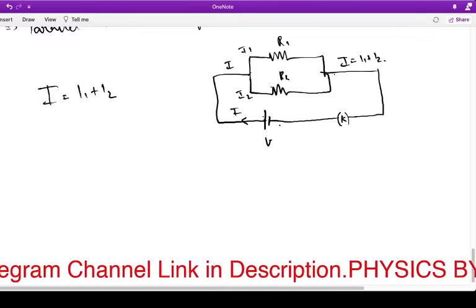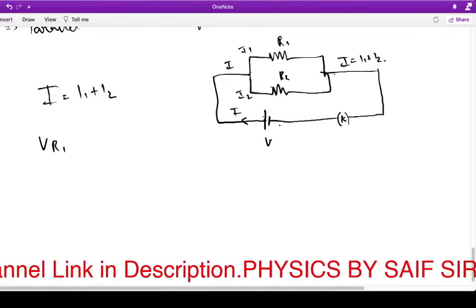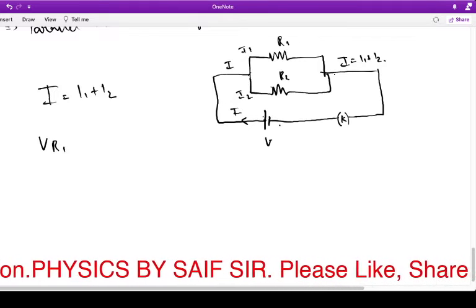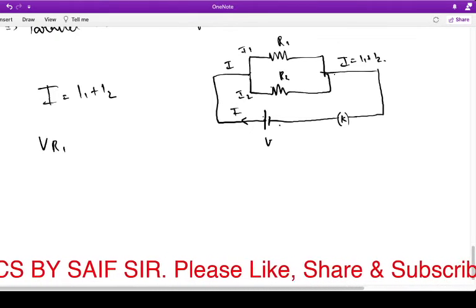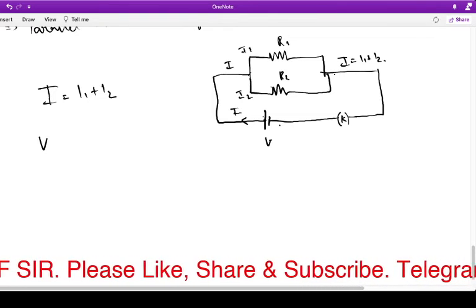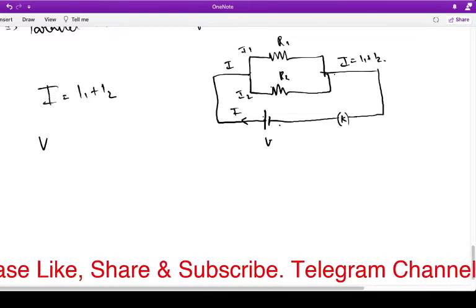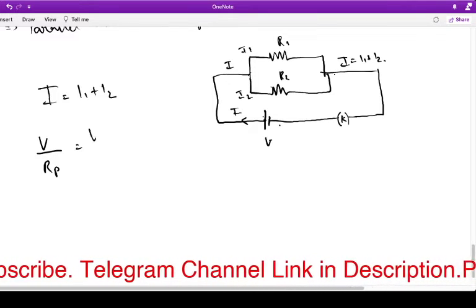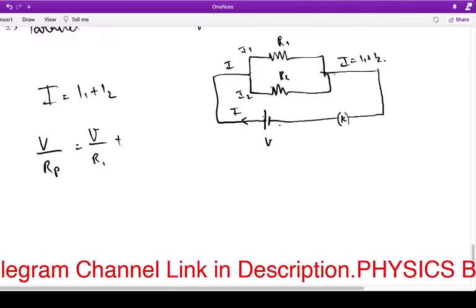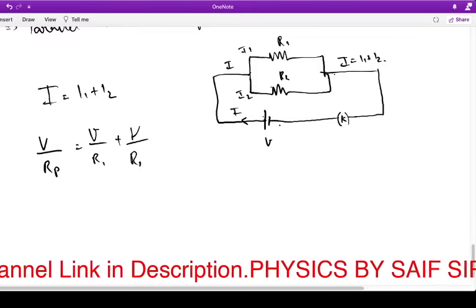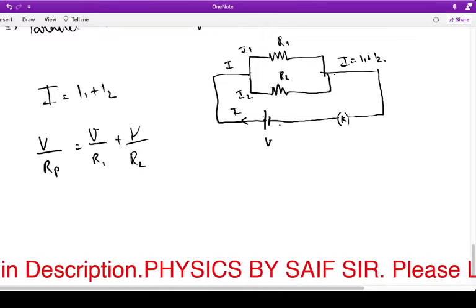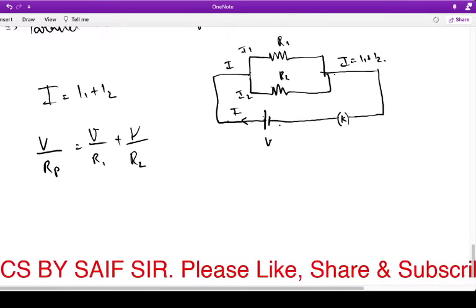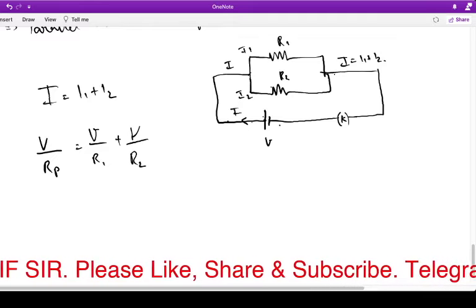Here I is equal to V by R1, but we are using R parallel here, so V by RP is equal to I1 plus I2, which is V by R1 plus V by R2. The voltage drop is same at this terminal. Whatever the voltage is here, the same voltage will be here. So V is same, so V will get cancelled.